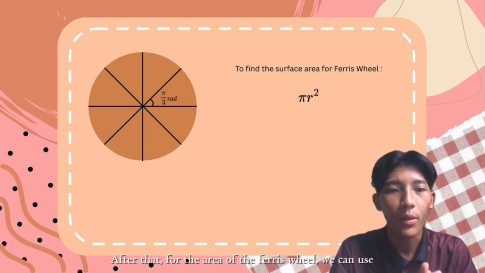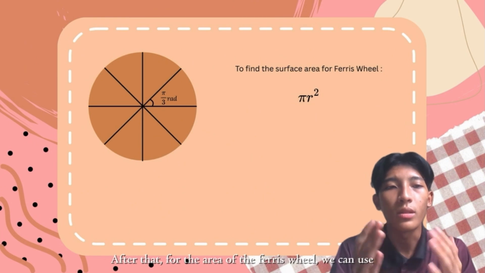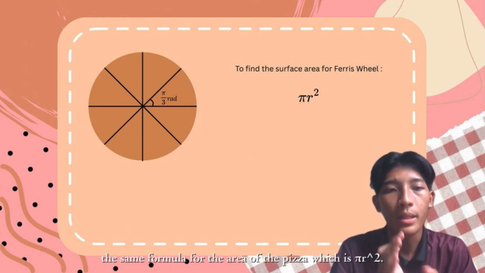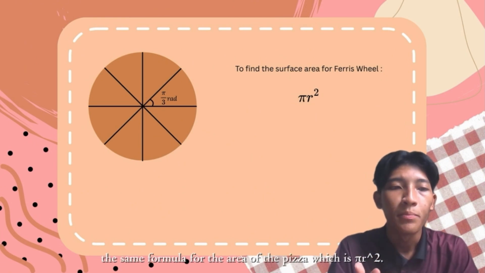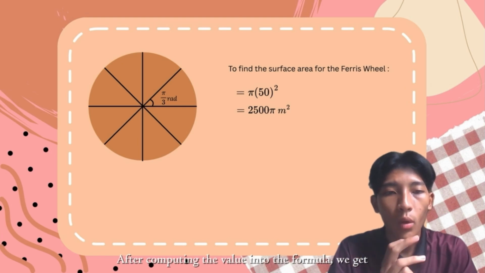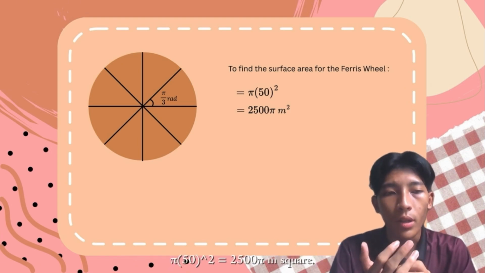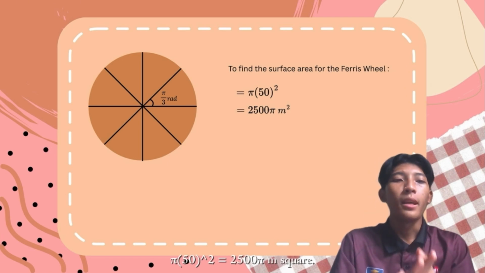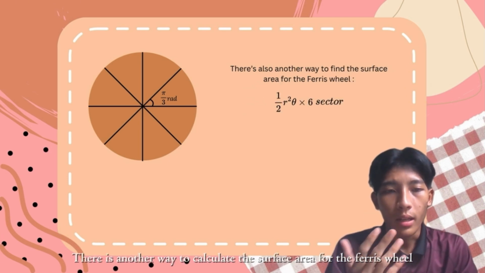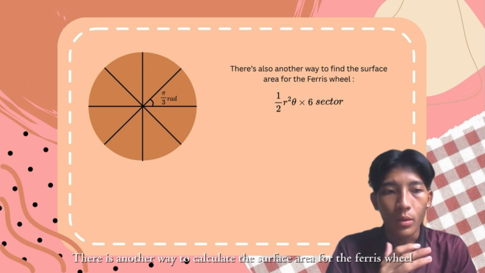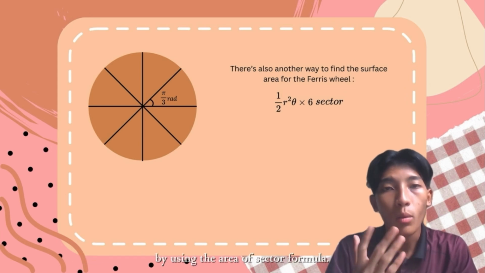After that, for the area of the Ferris wheel, we can use the same formula as for the area of pizza, which is pi r squared. After computing the value into the formula, we get pi times 50 squared, which equals 2500 pi meter squared. There is another way to calculate the surface area for the Ferris wheel by using the area of sector formula.